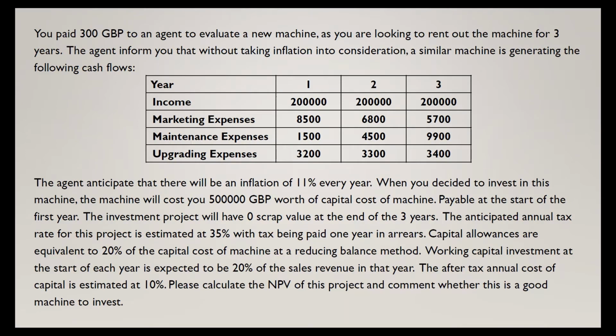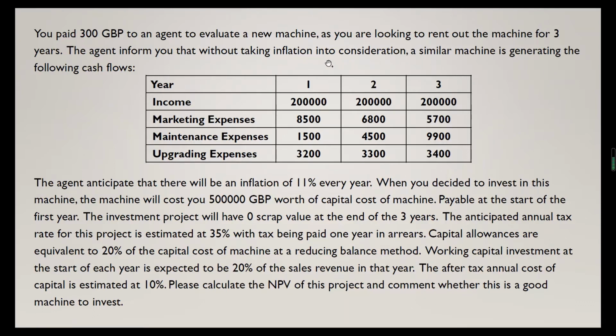Assuming that you are going to buy a new machine and you are planning to rent the new machine out for 3 years. In this case, you paid £300 to an agent to evaluate the new machine. The agent did his research and then came back and told you that a similar machine is generating the following cash flow for the 3 years.